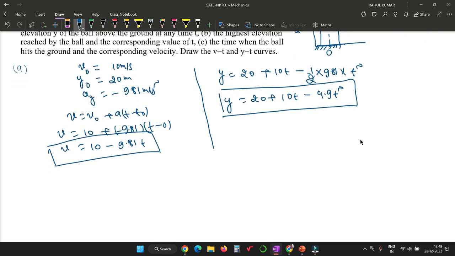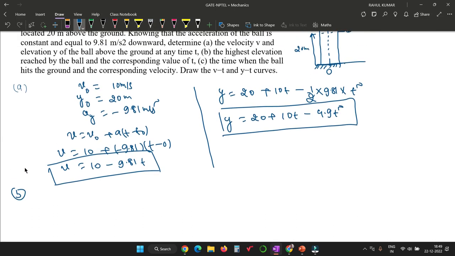Now the next problem is asking what is the highest elevation reached by the ball and the corresponding value of time t. The highest elevation means maximum height.